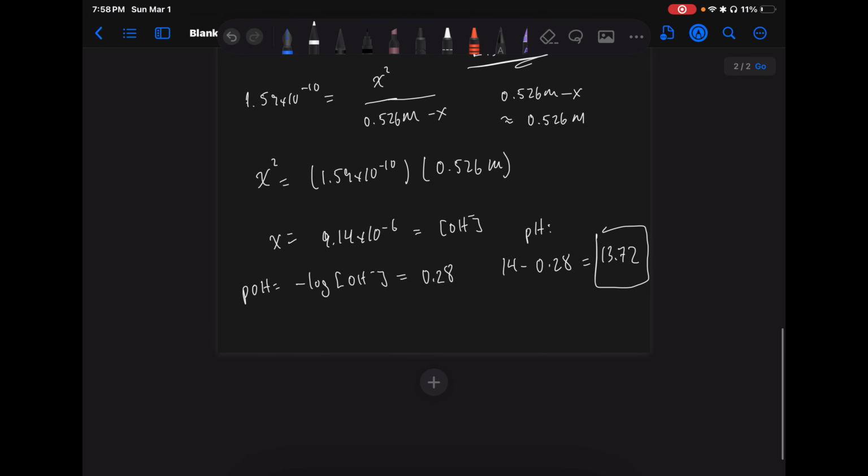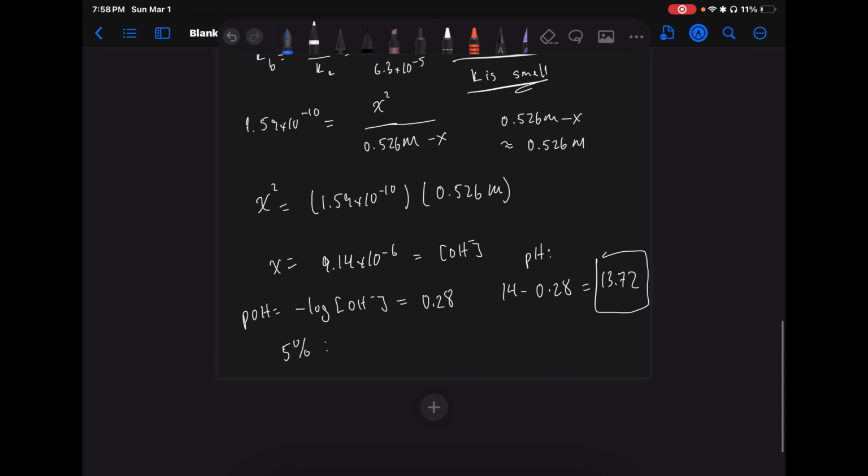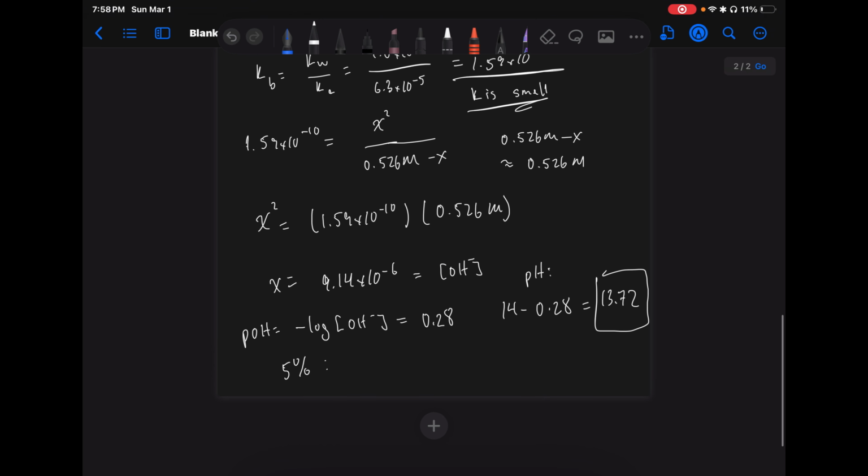Oh, we have to do the 5% rule. So you take the value you found for x, 9.14 times 10 to the negative 6, divide by 0.526, and multiply that by 100.